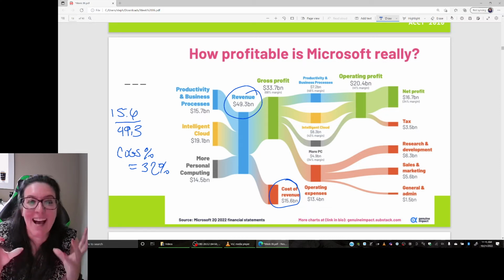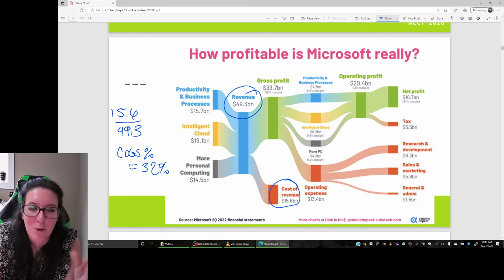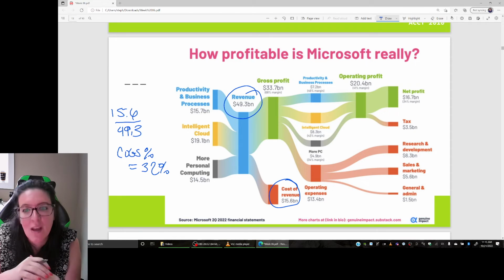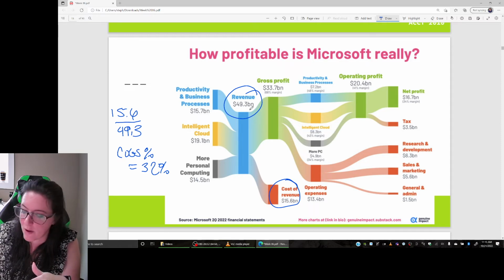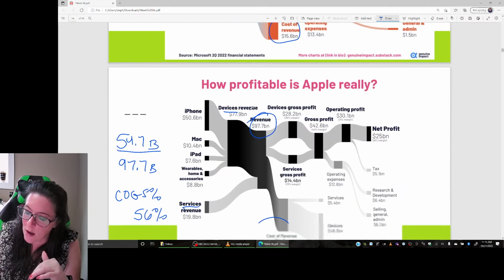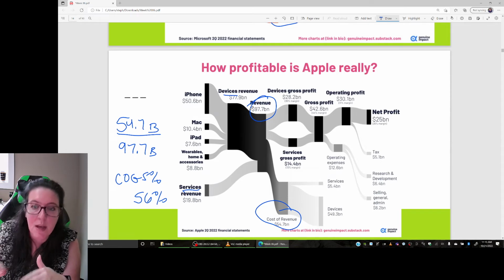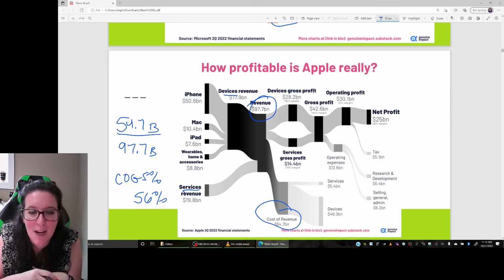Manufacturing of goods has a lot more costs. Providing of services, really the cost is your people. So we would expect the cost of goods sold to be smaller with a company that provides services than a company that produces goods. And this, of course, will impact profits because the higher your costs, the lower your profits.